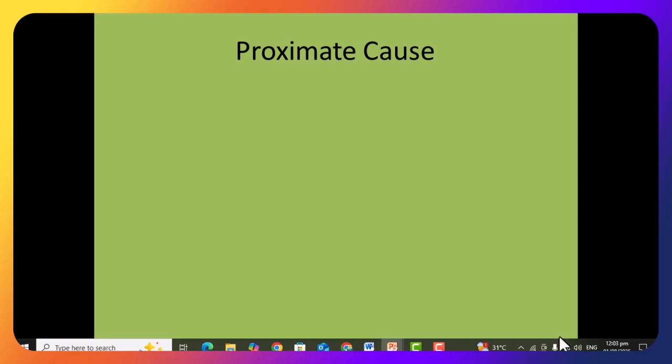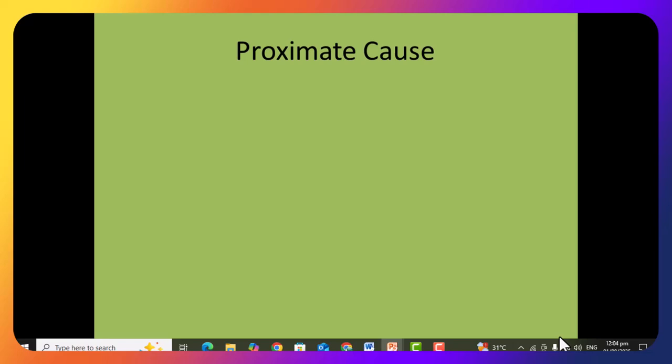For example, if there is an earthquake and due to the shocks the concealed wiring in the walls is damaged and causes short circuiting, and due to short circuiting a fire breaks out and damages the house, then the apparent cause is fire, but the proximate cause is basically earthquake.